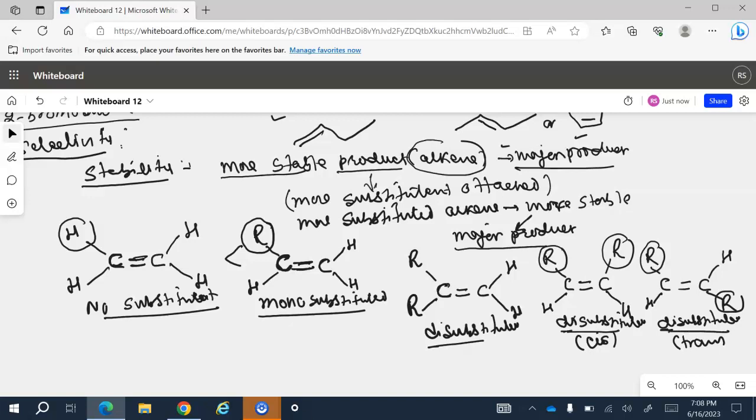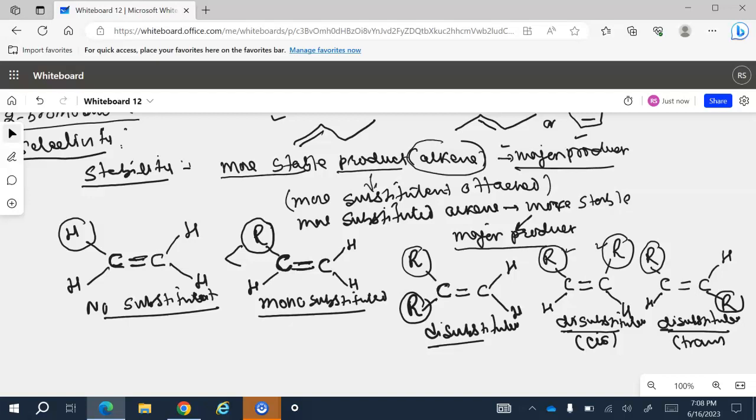We have one with both R groups on the same carbon, geminal; both R groups on adjacent carbons facing the same side, we call cis; and R groups on opposite sides, we call trans.